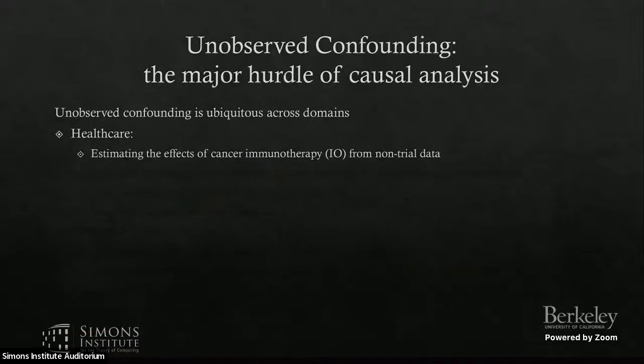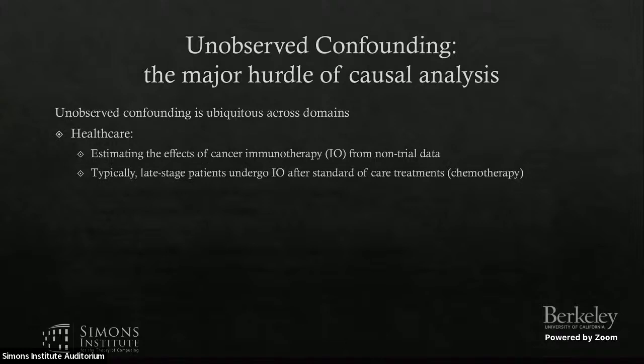And unobserved confounding is a major hurdle of doing causal inference from observational data in almost every application that you can think of. Like in healthcare, if you try to understand, for instance, the effect of some drug, like immunotherapy, from non-trial data of cancer patients receiving the drug or not, typically you're going to get some unobserved confounding scheme where, for instance, more late-stage patients receive immunotherapy because it's a more recent drug than the standard of care, such as chemotherapy.